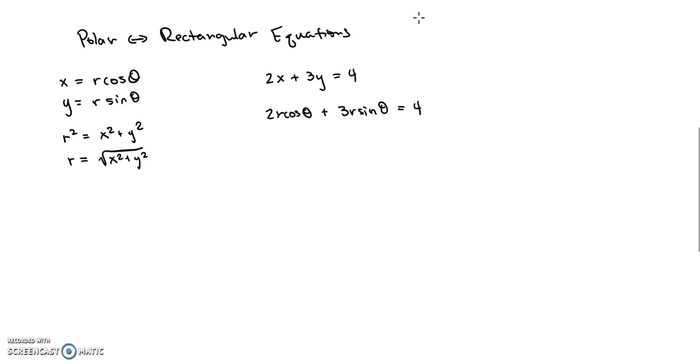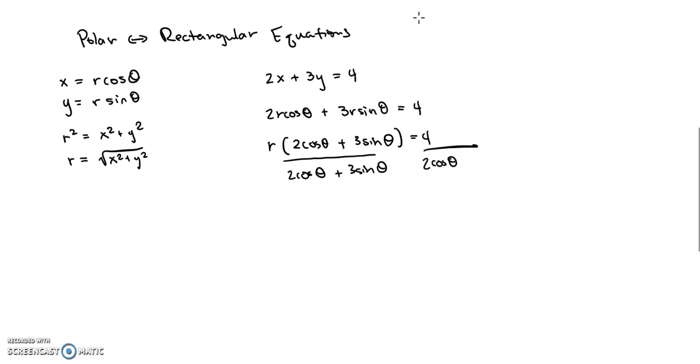This one right here, you can see we can't put these terms together. One's a cosine, one's a sine. So usually we would want to get r by itself by combining terms, but this one we can't. So a trick to remember here is to factor the r out. So if we factor that r out, now we've got r by itself. We can divide by all of this stuff right here, so we're going to divide by 2 cosine theta plus 3 sine theta, and do the same thing on the other side.